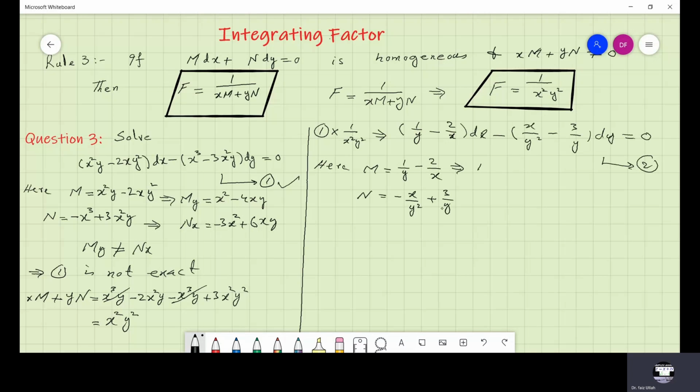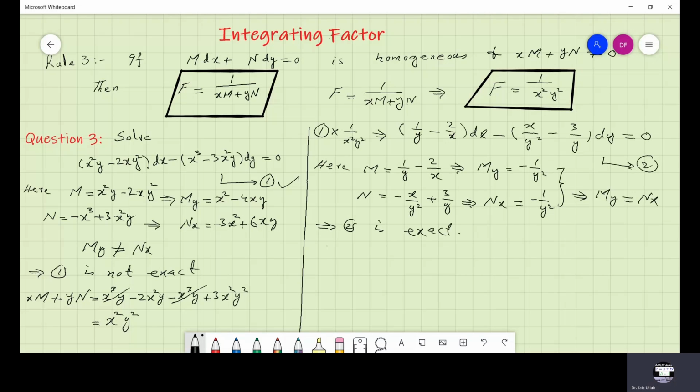Let us differentiate m partially with respect to y. We get minus 1 over y square. And now differentiating n partially with respect to x, we get minus 1 over y square. From these two results, we can see that my is equal to nx. So it confirms that equation 2 is exact.